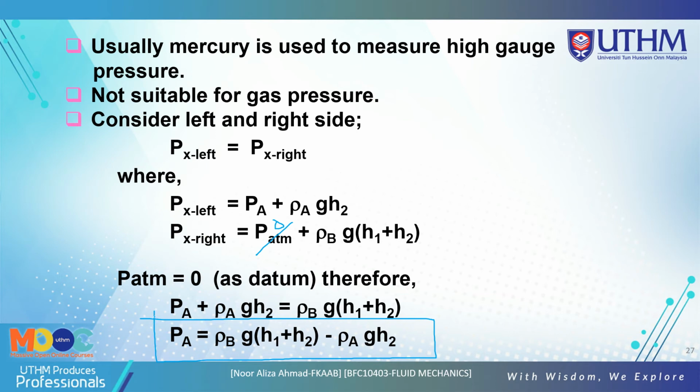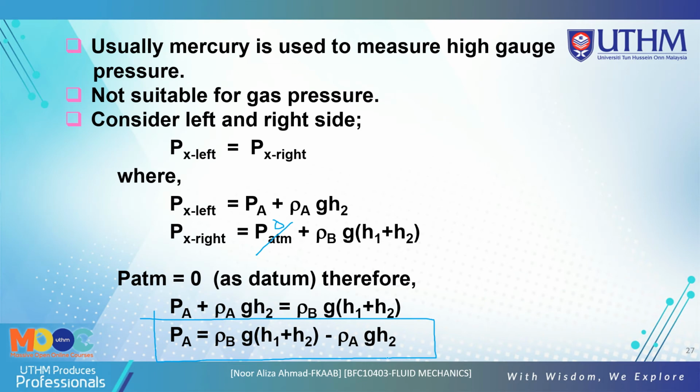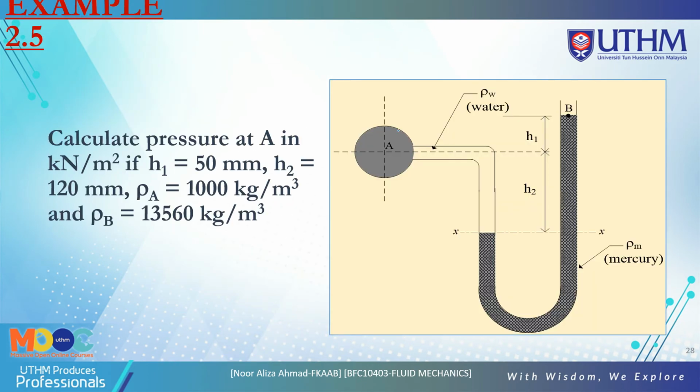From the previous slide, actually for this figure. PB is the P atmosphere, so we get 0 because this is atmosphere. So we get this equation for figure 1. Now we look at this example, also for figure 1.